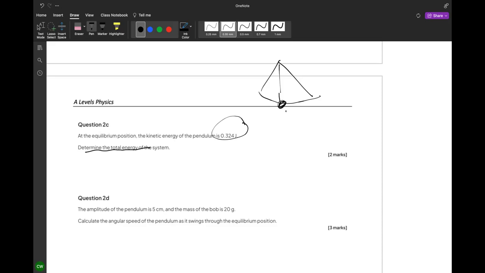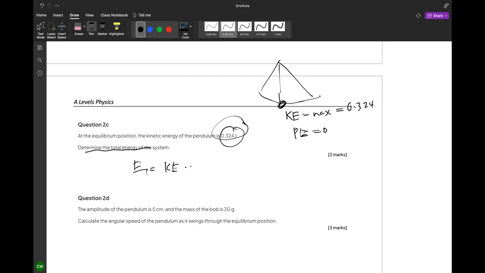Because at this point the kinetic energy is maximum, so it's this value. Potential energy at this point is 0. So the total energy at any point is always a constant value.